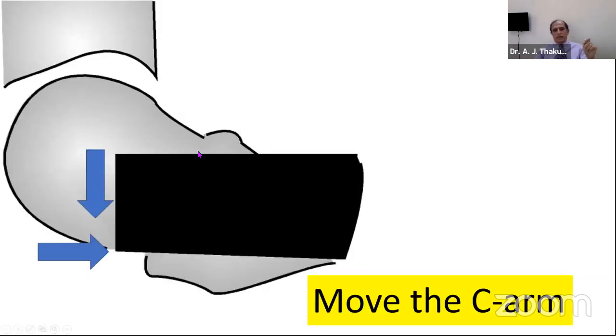It's a perfect rectangle. This is the most important thing. We move the C-arm till such time that we get a perfect rectangle like this. Once we have achieved this, that's fine. Leave the C-arm in that position. We do not touch it. Then we do the next step.